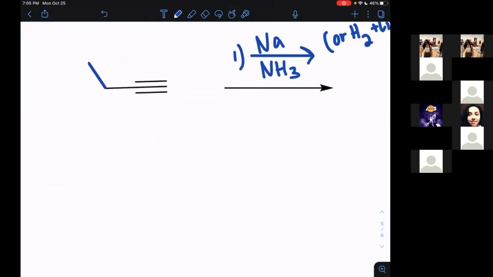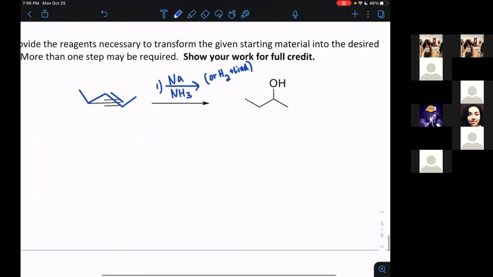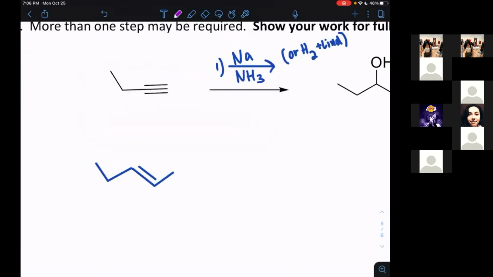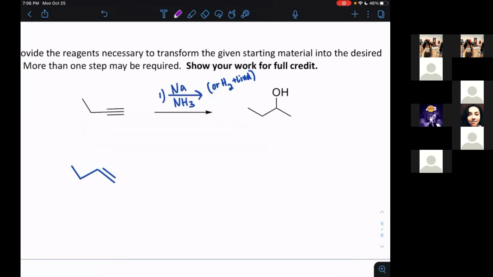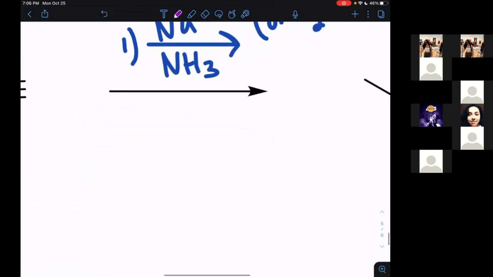So then from there, that'll get us this, and then I think you have an extra carbon. Oh shit. True that. Okay. So we have that one.